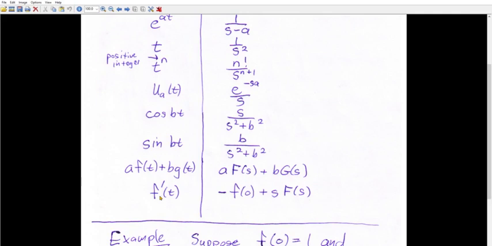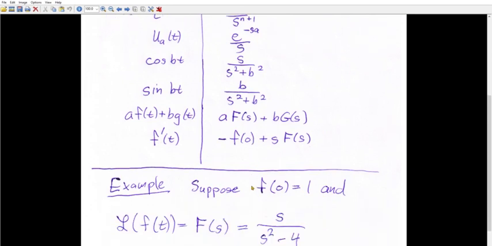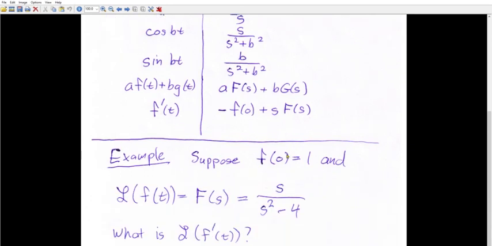The transform of f prime is minus f of 0 plus s times the transform of f. So as an example of this last thing, let's suppose we have some function little f, and we know that f of 0 is 1. And we know that its Laplace transform is s over s squared minus 4. What is the Laplace transform of the derivative?